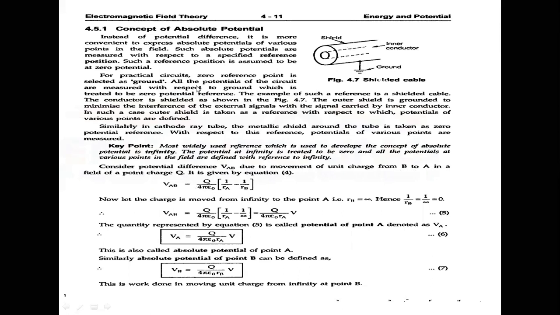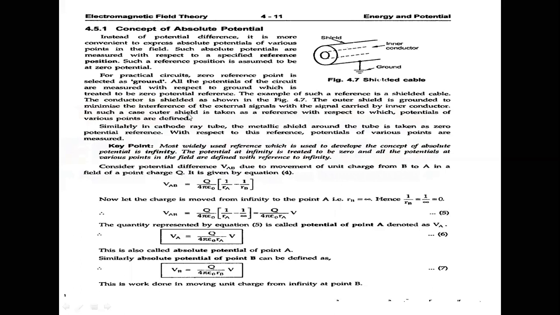For this, we can take a shielded cable. The conductor is shielded as shown in the figure. The outer shield is grounded to minimize the interference of external electrical signals with the signal carried by the inner conductor.